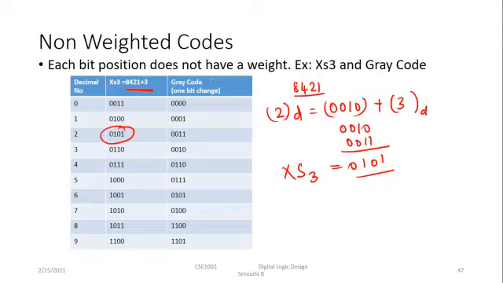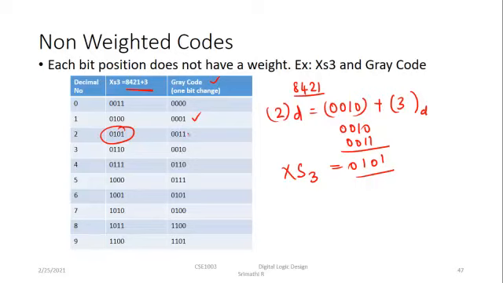Whereas gray code will allow only one bit change. 0001 is for 1. After that, only one bit change is allowed. So at least one of the binary coded digits should be 1.